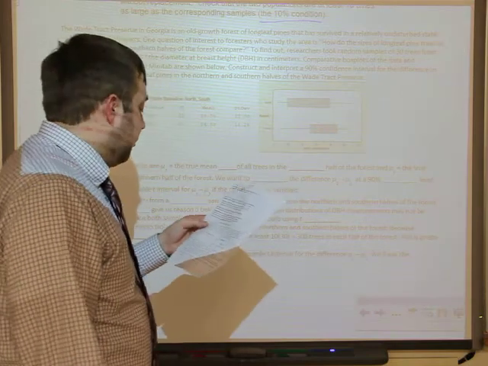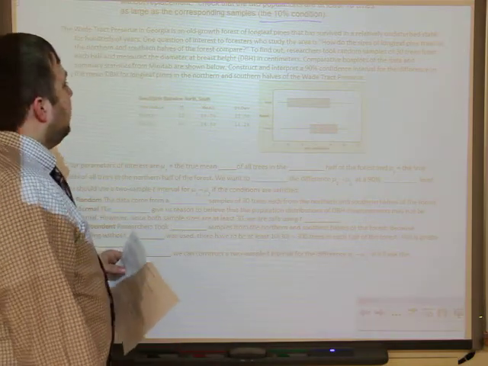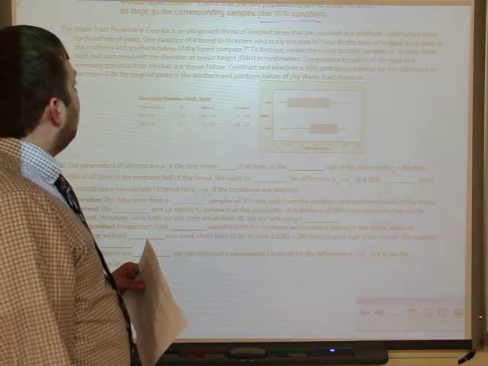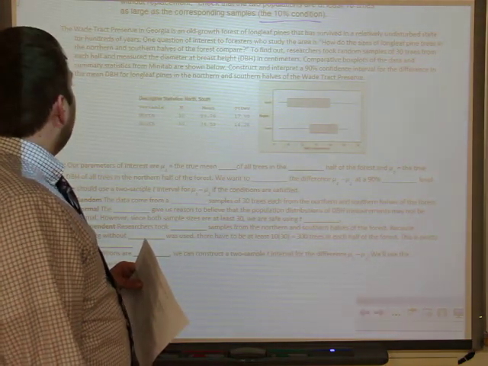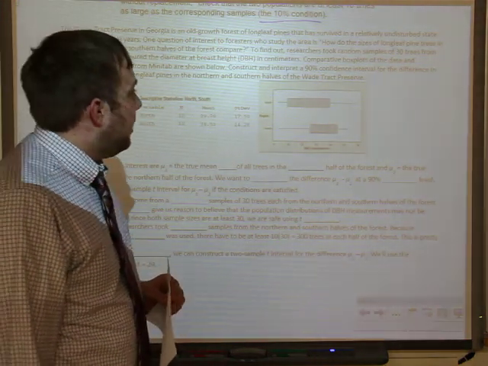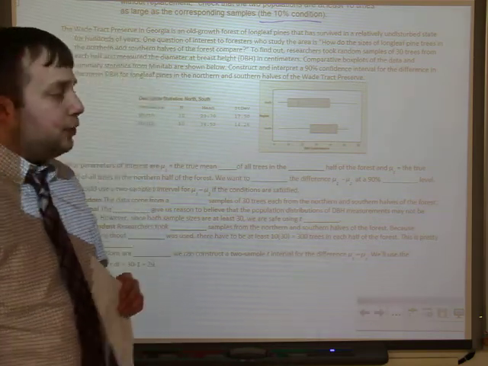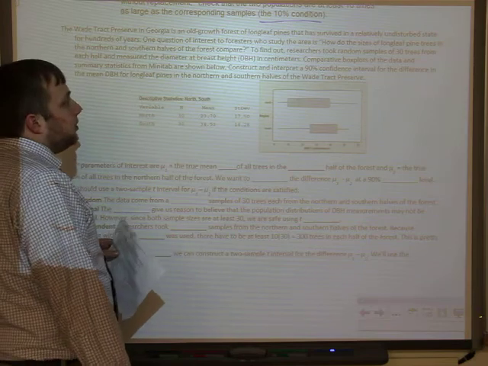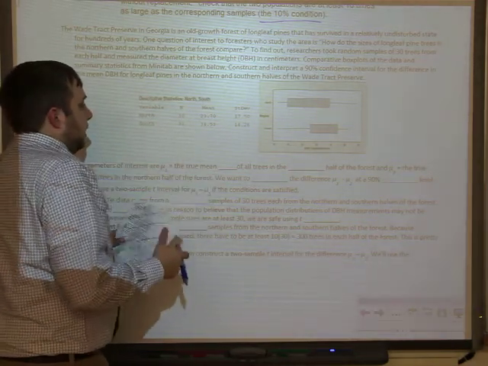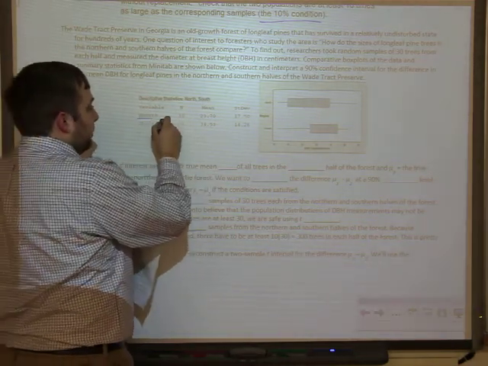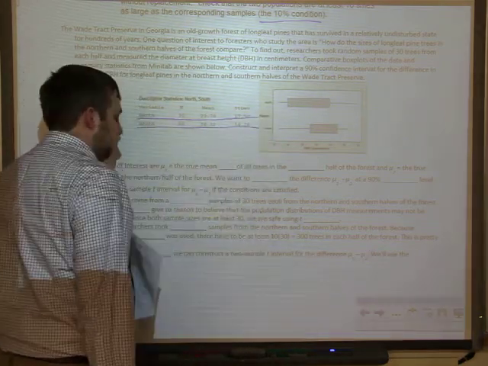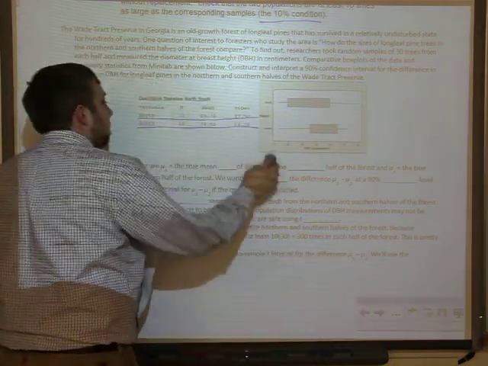And this preserve in Georgia is wondering, do the north trees have a larger leaf than the south trees, or vice versa? So they figured out all this good stuff, and they said north trees has all that good data, and south trees has all that good data. South red.